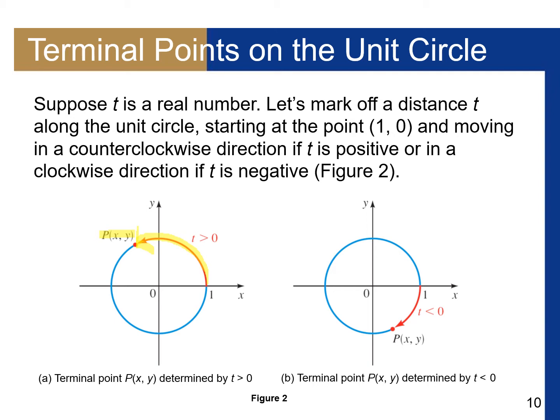Now, this is happening when t is greater than 0, which means you're going in a positive direction. Now, if t is less than 0, you start here and then you go what we would call clockwise, and we would get our point x comma y.